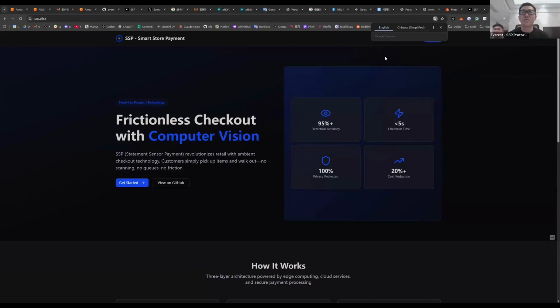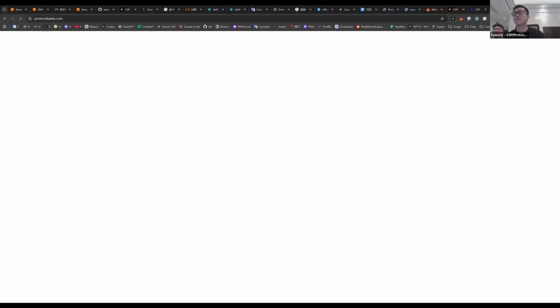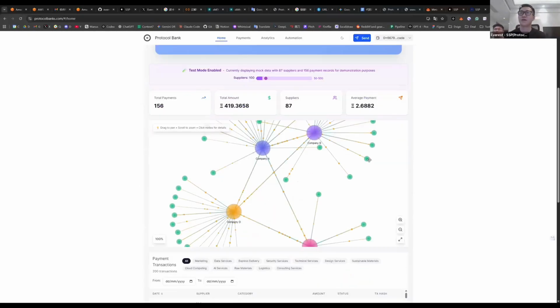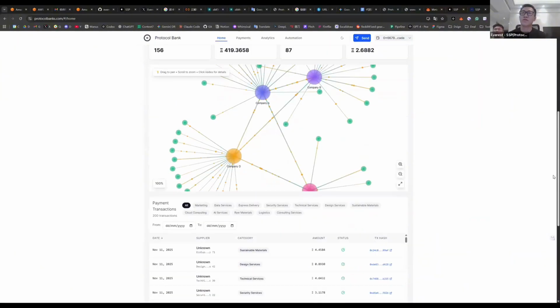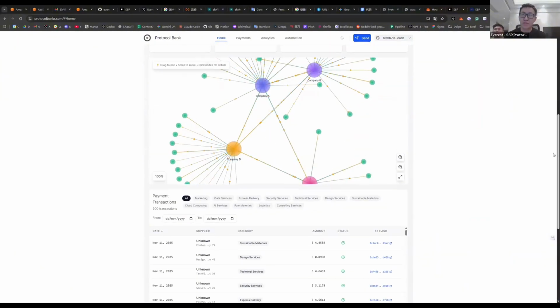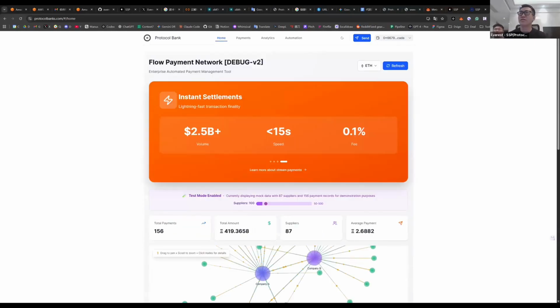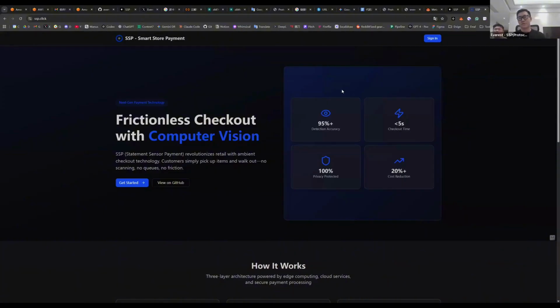So right now we have updated with a new product, SSP. Before, we had stream payment in Protocol Bank, but that was for the B side, for example a supplier or manufacturer who uses multi-payment and manages stream payment. But for the C side, if I want to make a payment with my crypto wallet, Stripe or bank card, I can use my face.